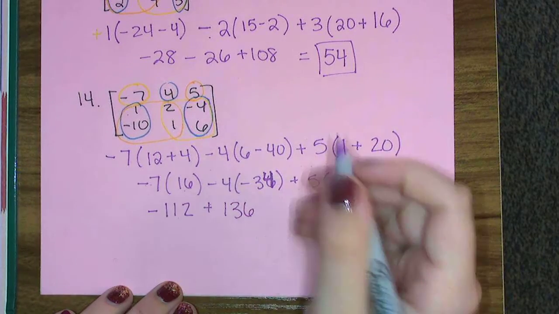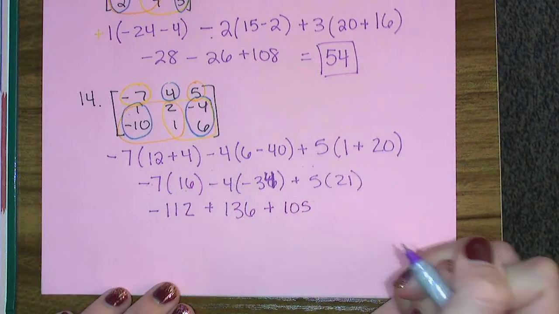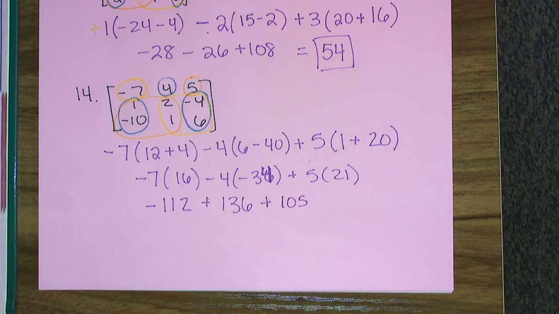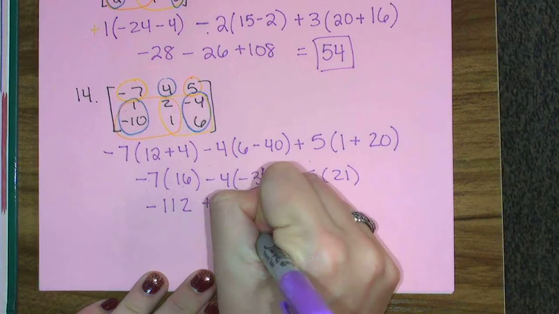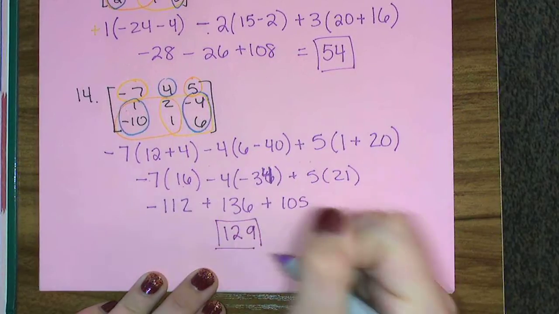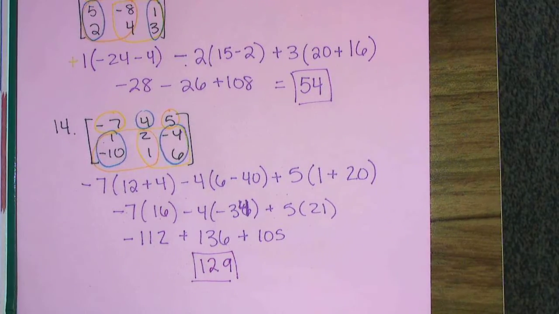Plus 5 times 21. So what do I get? We'll do another one in a minute, but do you guys want to see how to check them on your calculator first?